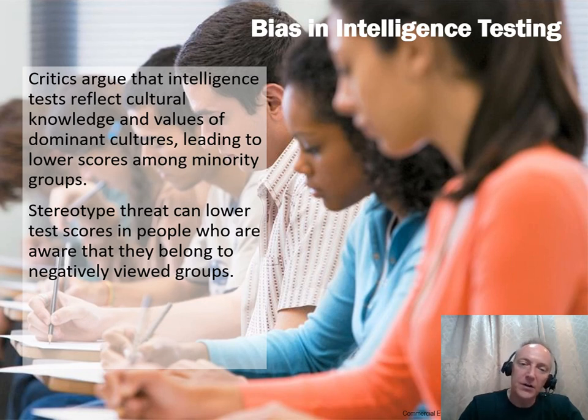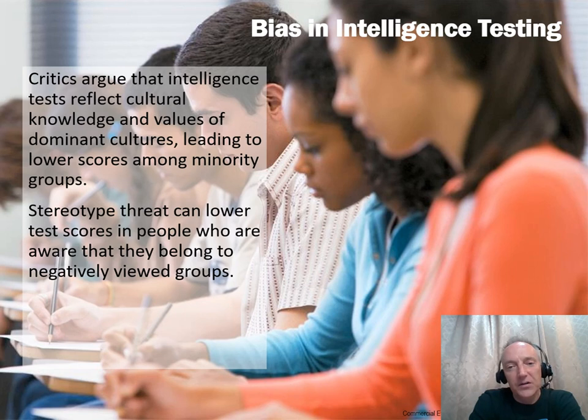Now, even with the best tests, bias can still get in the way through something known as stereotype threat. Stereotype threat means you're aware that a stereotype is out there and that awareness can actually lead you to confirm the stereotype. So the classic example was used in African Americans going into a high stakes test like the SAT.